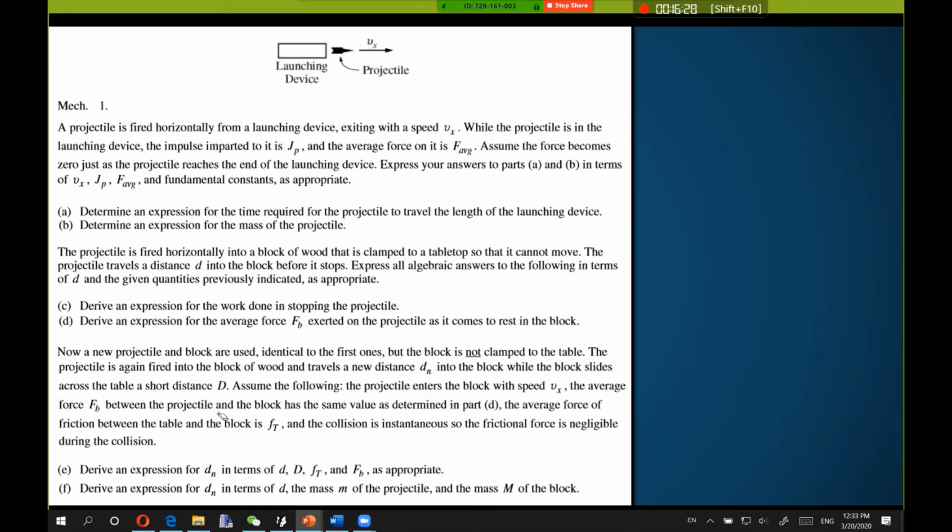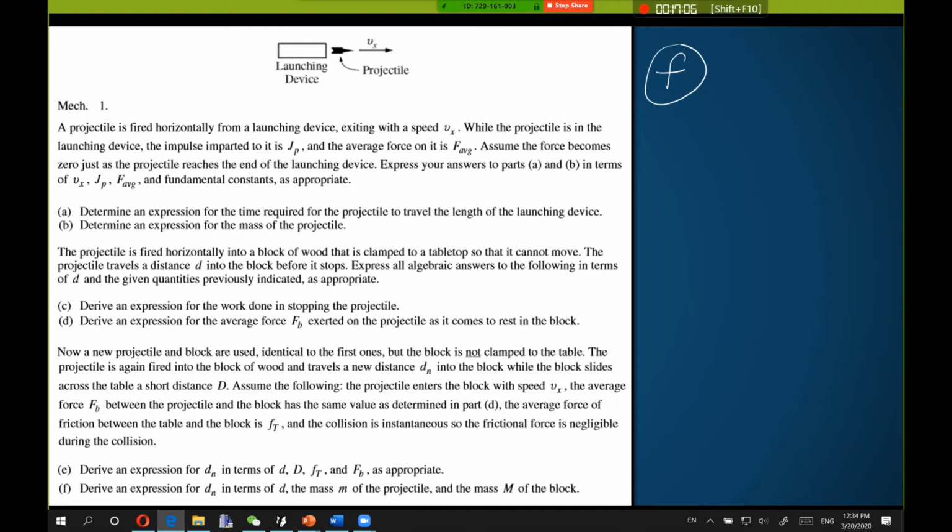Okay, so I'm going to keep going with F. For F, we're getting a new expression. Still d_n in terms of d, the mass of the projectile and the mass of the block, though. So we're rewriting this. If I want masses, I'm probably going to use momentum for this.